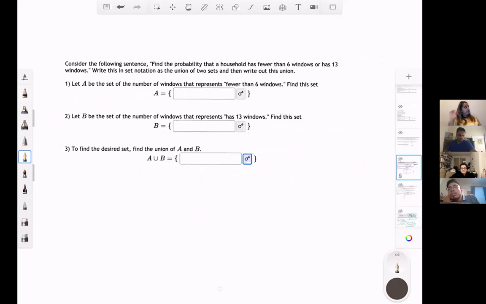Let's do this. Consider the following sentence: the probability that this household has fewer than 6 windows or has 13 windows.